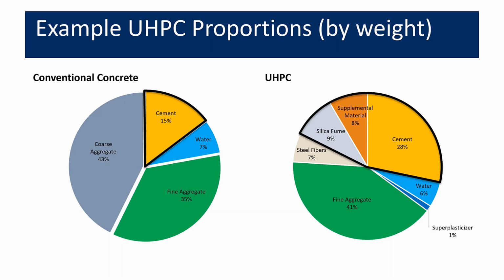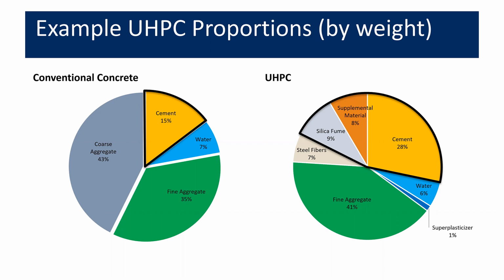Otherwise, the material proportions are actually fairly similar with respect to the water, which is about 7% in both mixes. And the fine aggregates, which are about 35 to 40% for both mixtures. Effectively, the main difference in proportions is that where the conventional concrete is going to have coarse aggregate, that entire weight is substituted with fibers and additional cementitious material.